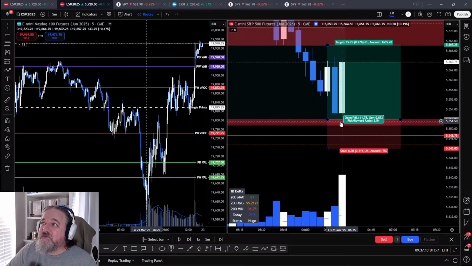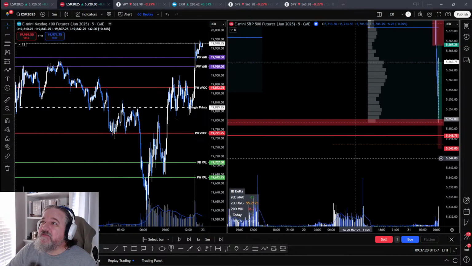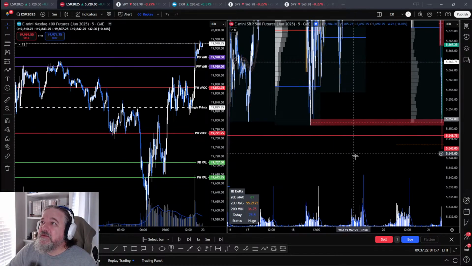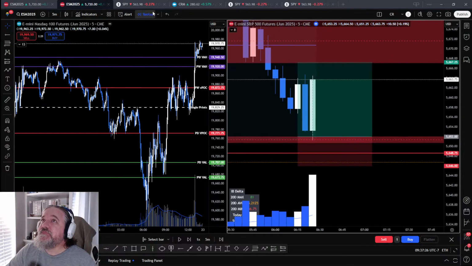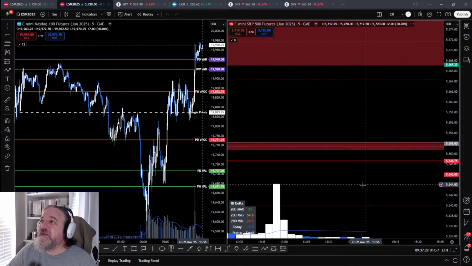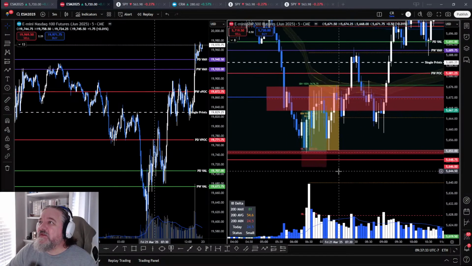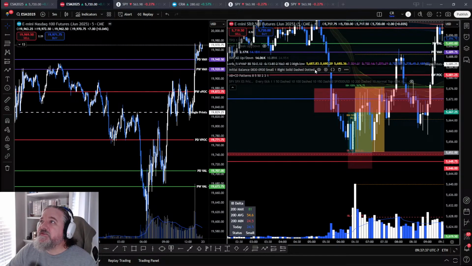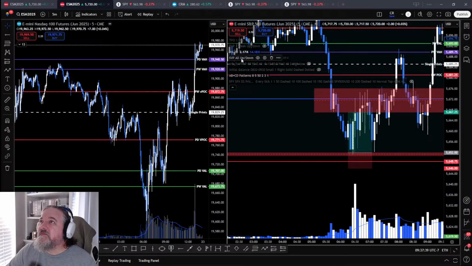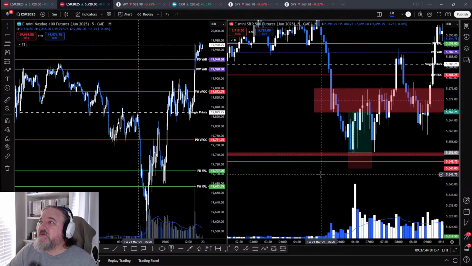Based on this level, and this is live real stuff from Friday, we have that strong low here, and if we trade it off of that level Friday, if we turn off the replay here, we can see, well, actually, let me also turn off my initial balance, just to clean this up so you guys can see better. There we go.